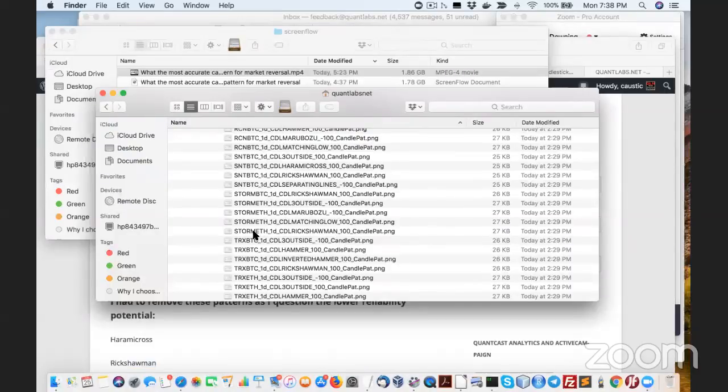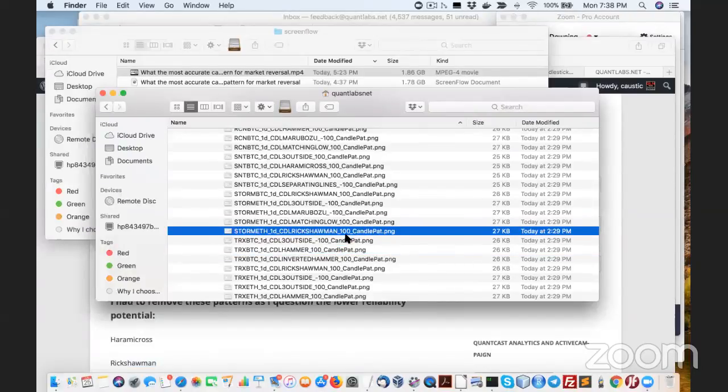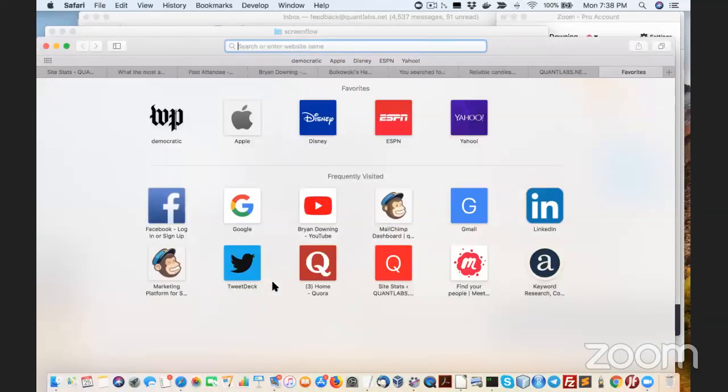So what happens is we've got the pair. Obviously, I'm only focusing on the daily time frame. I have listed the name of the pattern. And here's the important part. I'm using TA lib. So let me just show you that.